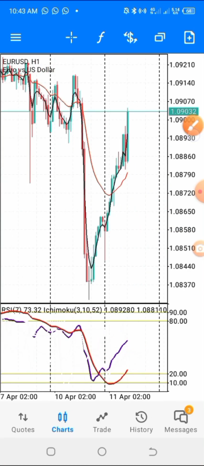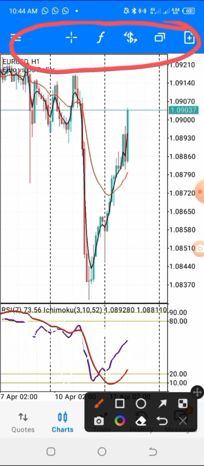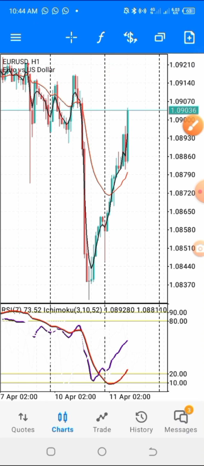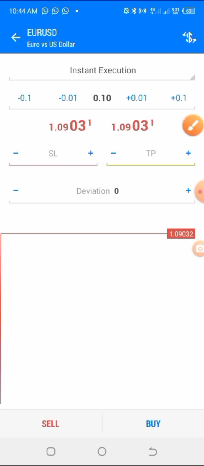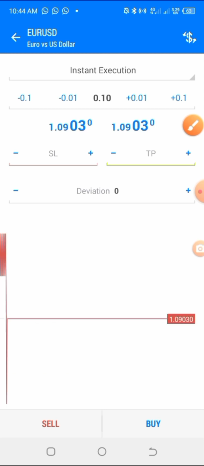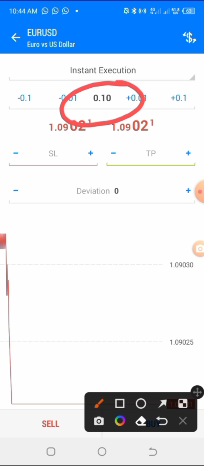You have to look at the top and you can see what is here, right? So you choose this one, you click here, that plus icon, and what you are already seeing here is the lot size.